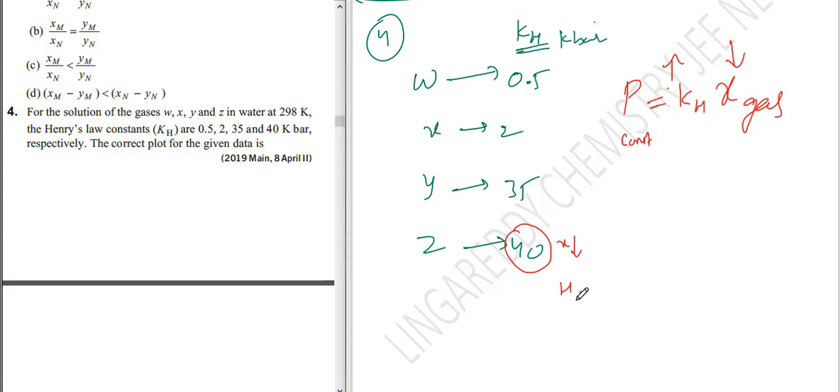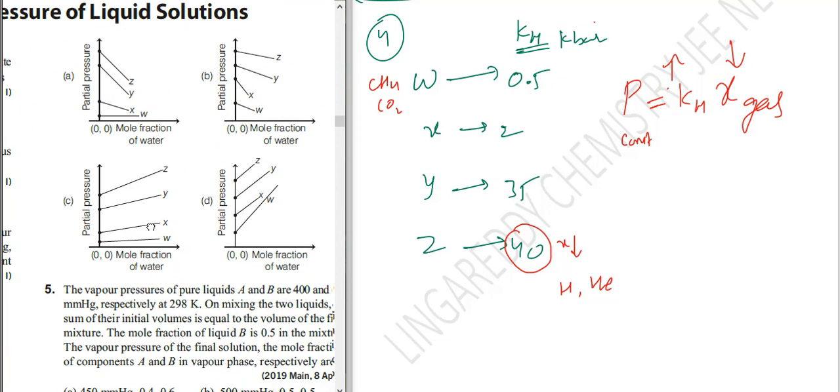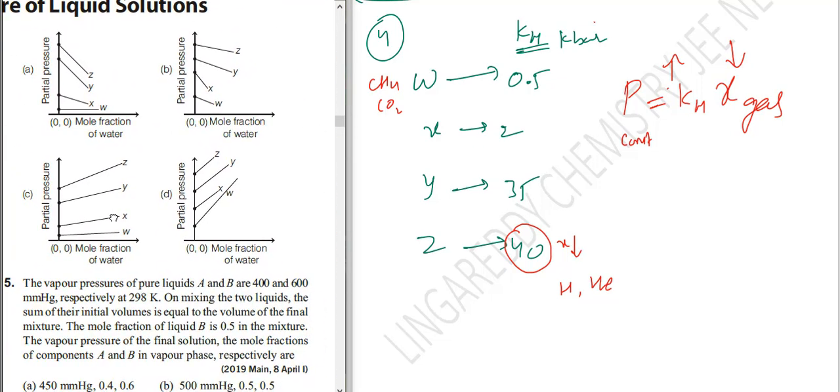Like these are hydrogen, helium gases. These are methane and carbon dioxide. These are maximum soluble, right? Now see the graphs here. See, partial pressure versus mole fraction of water.